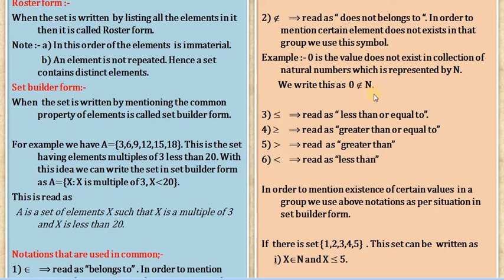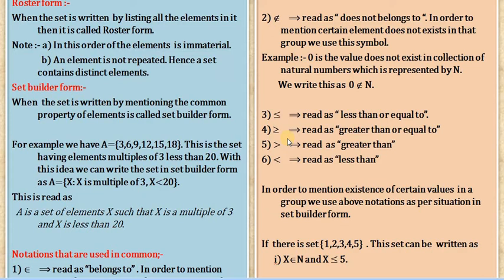Okay. Now similarly we use some more notations frequently, that is less than or equal to, this one is greater than or equal to, and this is greater than, and this is less than. So these notations you are accustomed to from lower classes, isn't it?